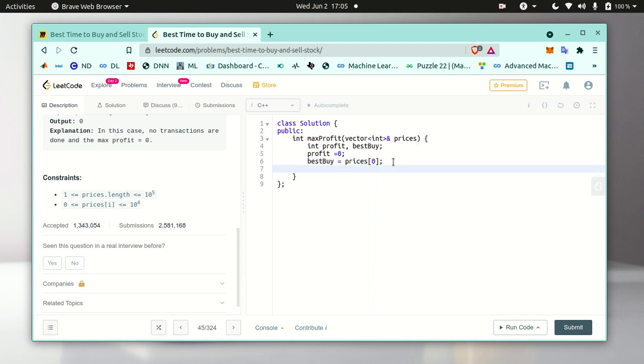So next we have to run this loop, int i equals 1 and i less than prices.size, i plus plus. Next what? Next we have to update the values of profit and best buy. Profit will be the maximum between the previous profit and the current value of prices.